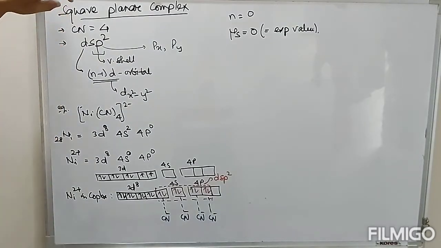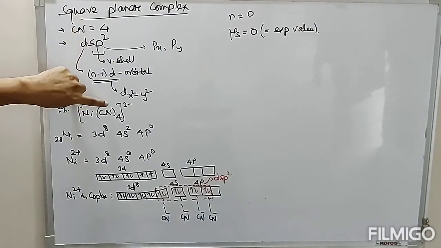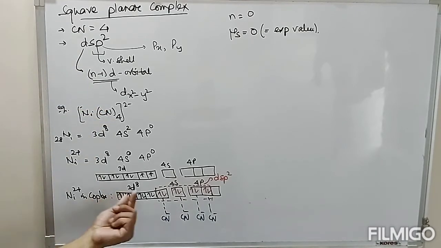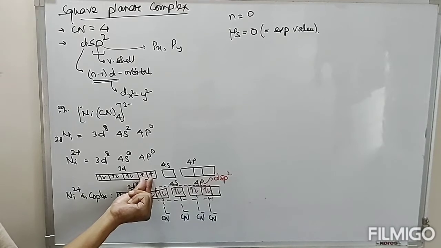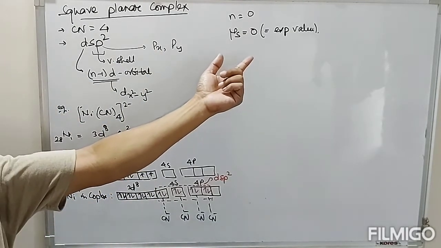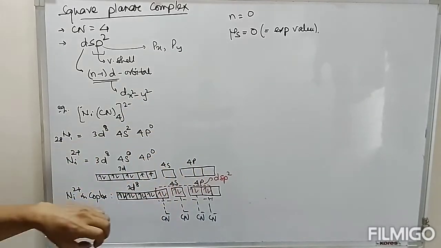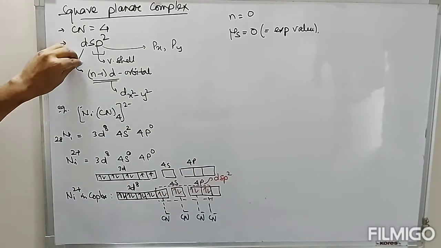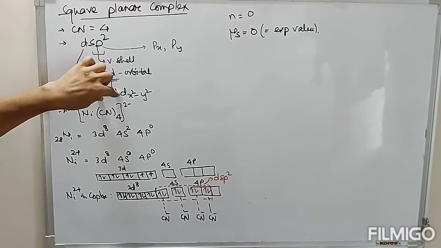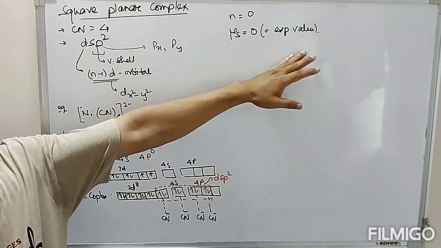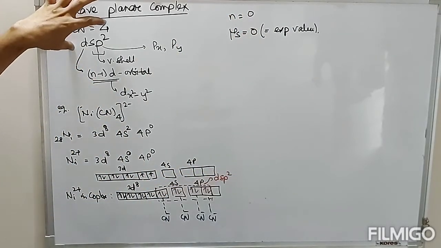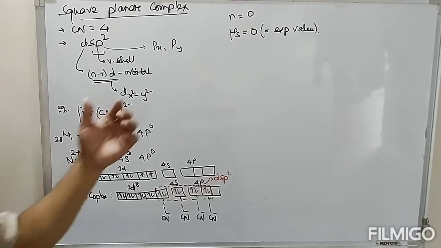Now if we consider this complex to be tetrahedral, then there should be 2 unpaired electrons. Due to the presence of these 2 unpaired electrons, there should have been some spin only magnetic moment. But the experimental value of the spin only magnetic moment says that for this complex [Ni(CN)4]2-, the spin only magnetic moment is 0, and the theoretically predicted value, assuming this to be a square planar complex having dsp2, again comes out to be 0.